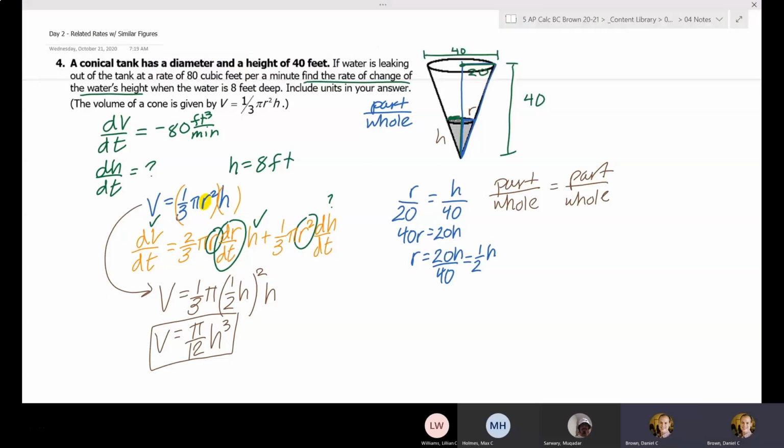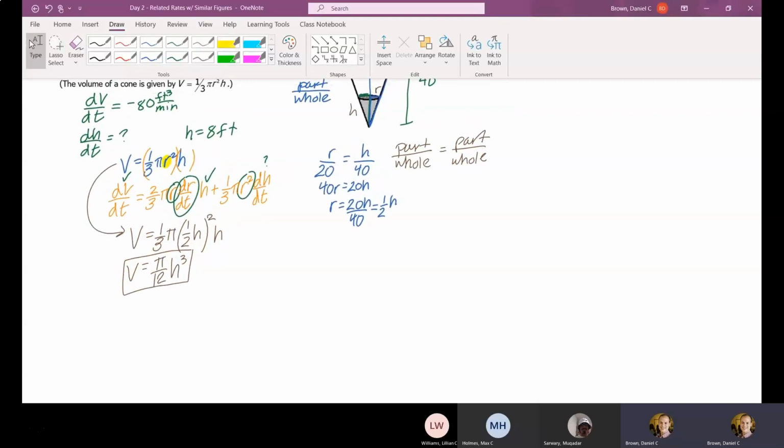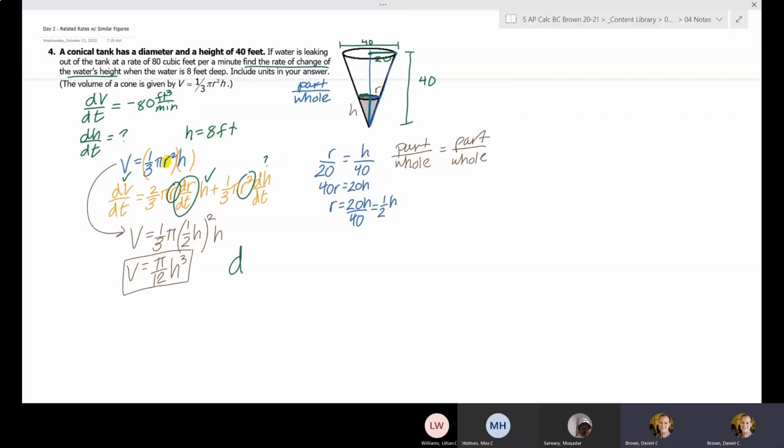Finishing up this problem, again, I'm going to leave my answer kind of ugly. Taking my derivative, dV/dt is now, I had pi over 12 as a coefficient, 3 comes down in front, 3 over 12 is 1/4. That's h squared. Don't forget dh/dt. Plugging in everything, dV/dt was -80 pi over 4.